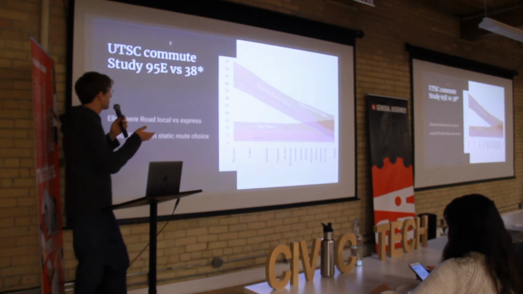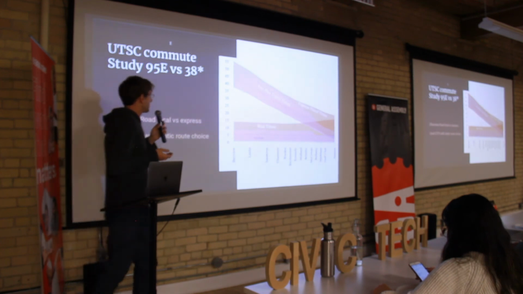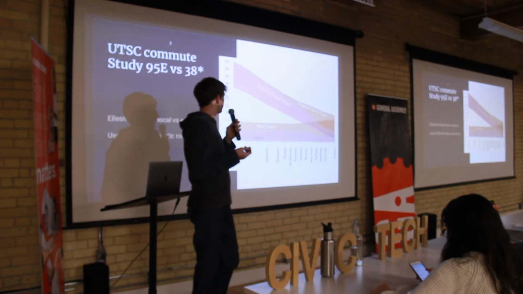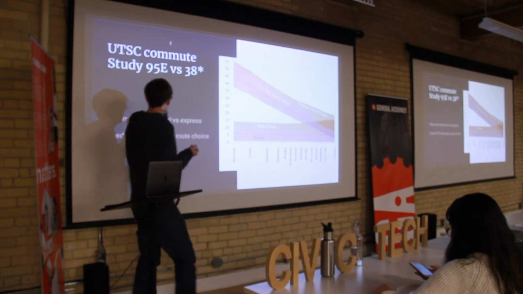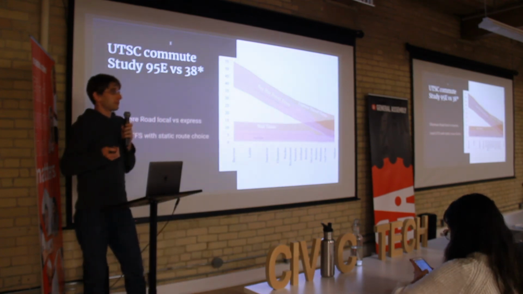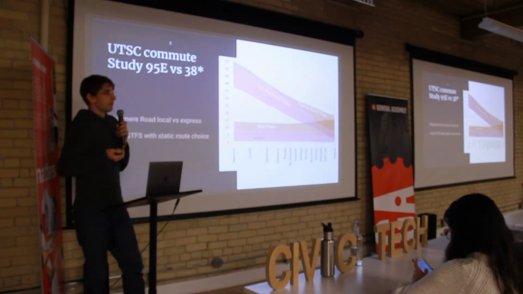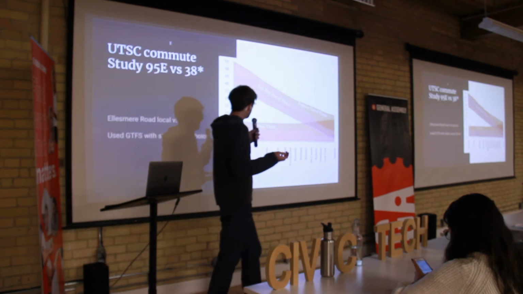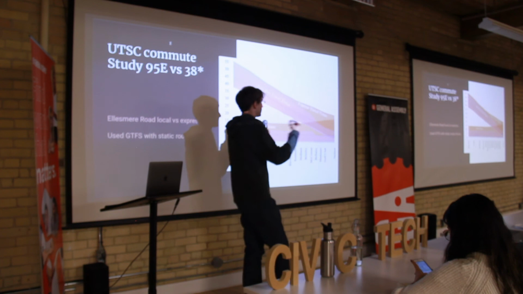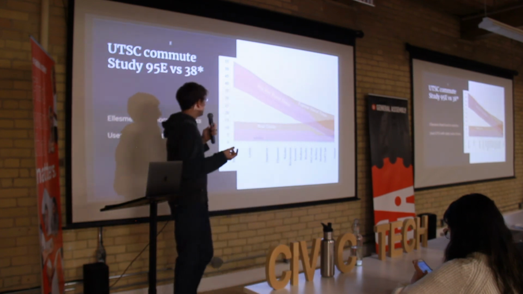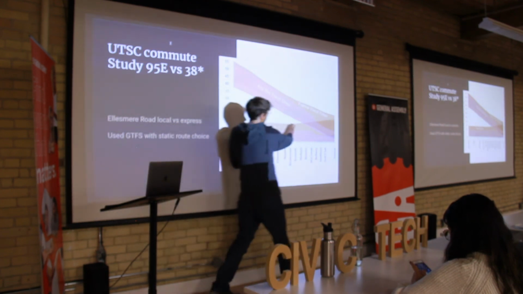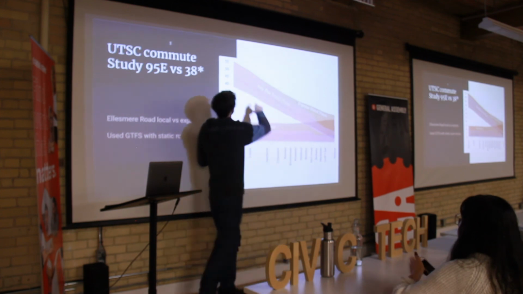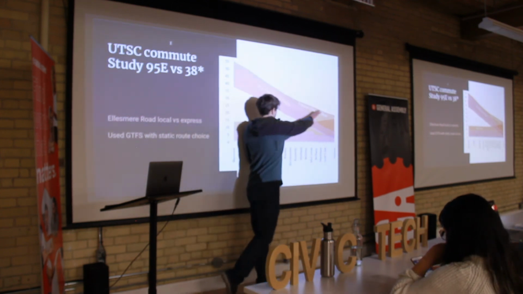This was another thing I did looking at reliability. I was doing a study looking at service on Lawrence Avenue for University of Toronto Scarborough. They were looking at how students can commute into campus and how reliable service was. So we used this retrospective real-time data to look at both wait times along the length of the route, and also total travel times, including wait times along the route.